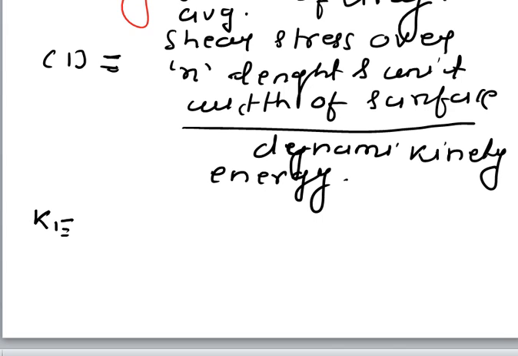Ke equals half times m v square. The dynamic kinetic energy is per unit volume. Yes or not? So dynamic kinetic energy is kinetic energy per unit volume.